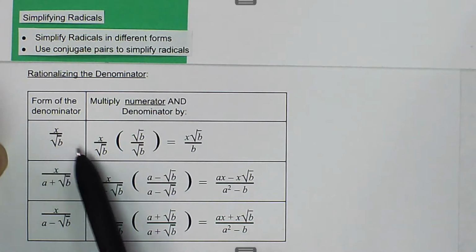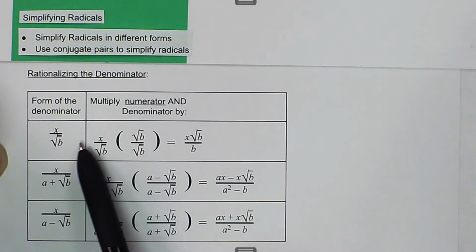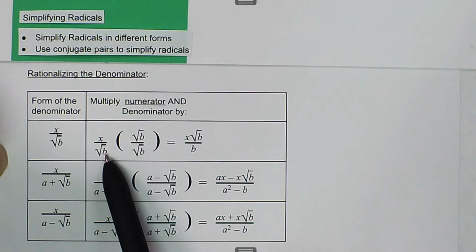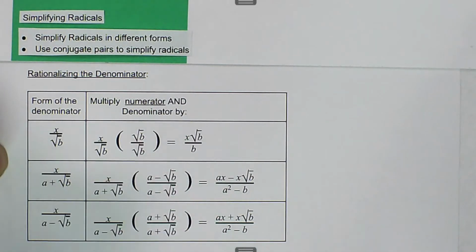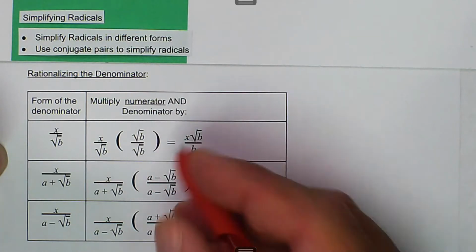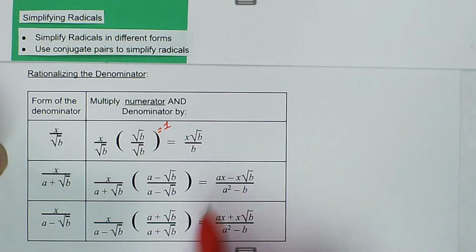So one way to get the radical out of the denominator, if we have this first example, x divided by the square root of b, is to multiply by the square root of b over the square root of b. And basically what this is saying is, if we were to plug this into our calculator, this is just saying that we're multiplying by 1.